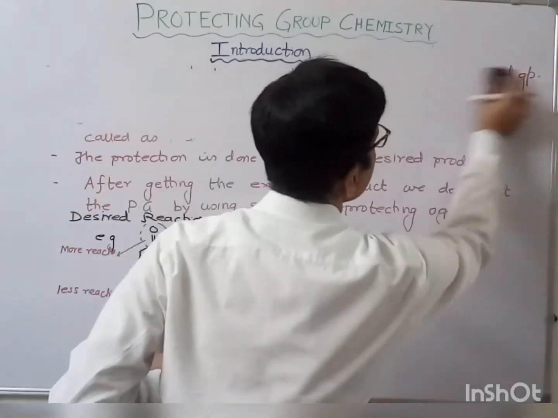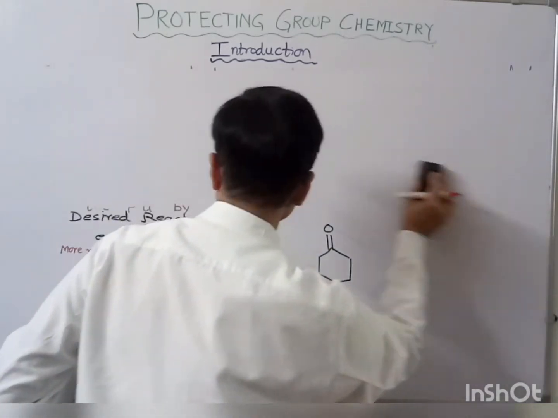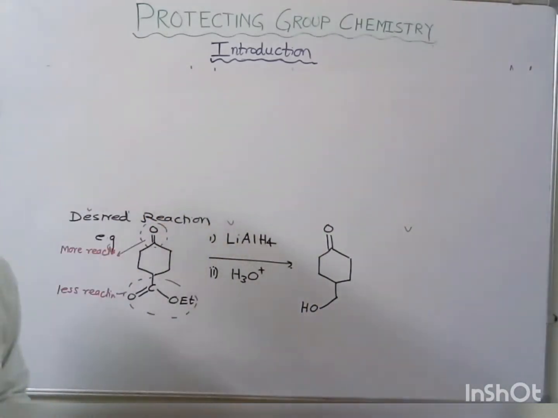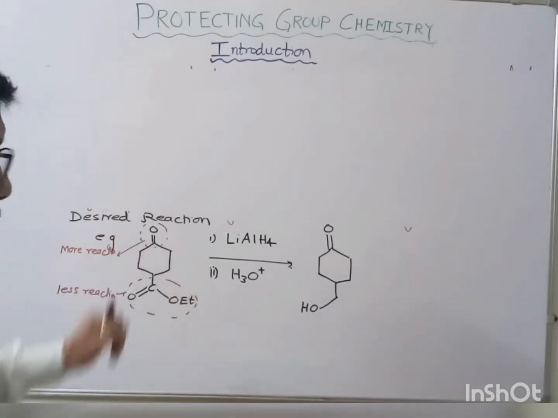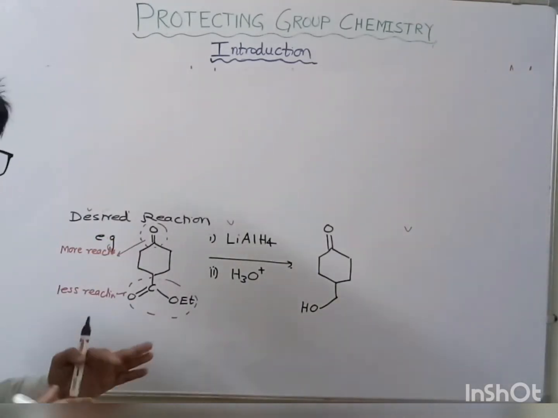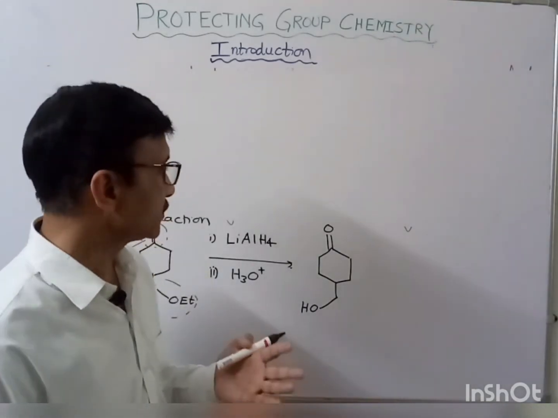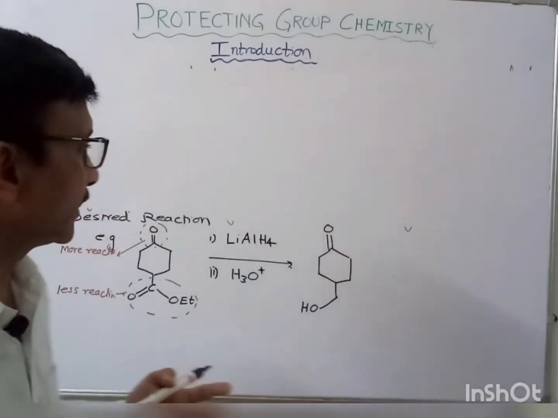Okay, so let's see. Suppose we don't protect this keto functional group, then what is the actual product? If we are without protection, what is the actual product that we can get?